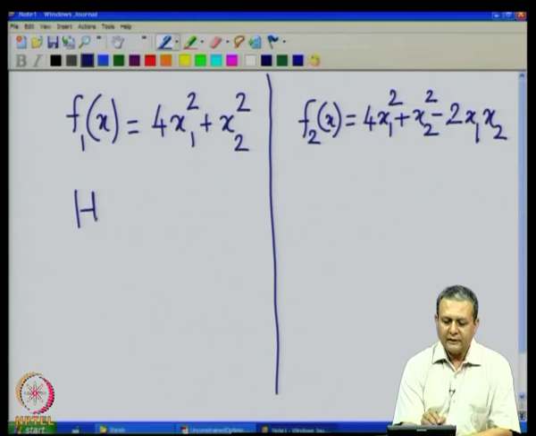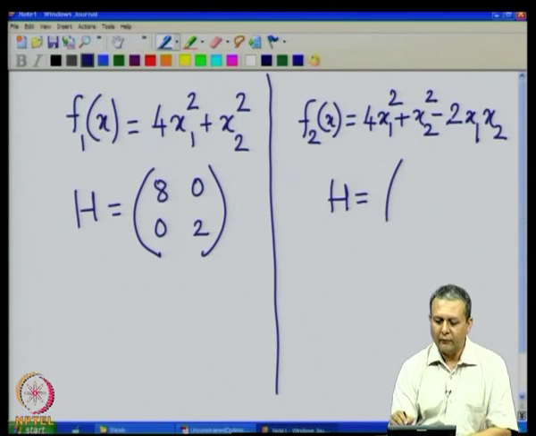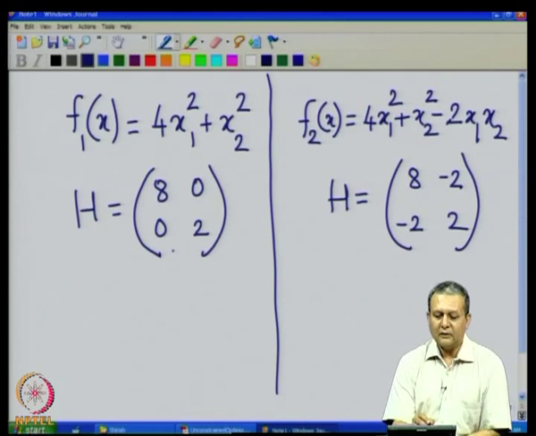If you recall, the Hessian matrix was [8 0; 0 2] in the first case, and in this case the Hessian matrix was [8 -2; -2 2]. Because the Hessian was diagonal in the first case, we could apply the coordinate descent method and get the solution in at most 2 steps. Well, that was not possible here.